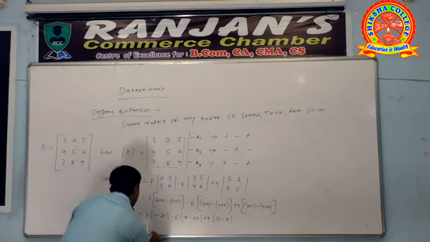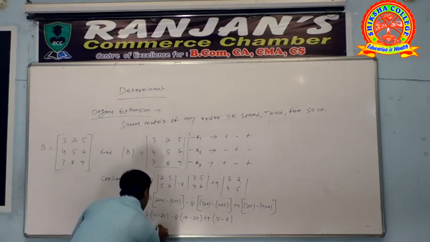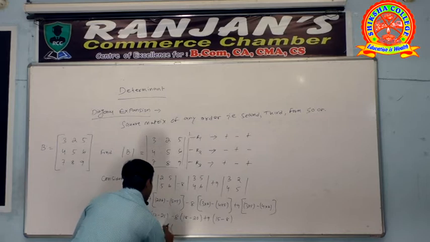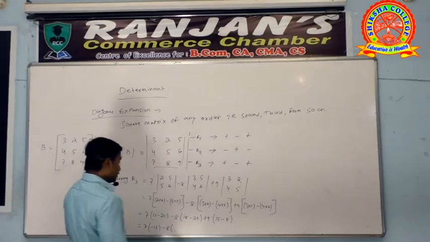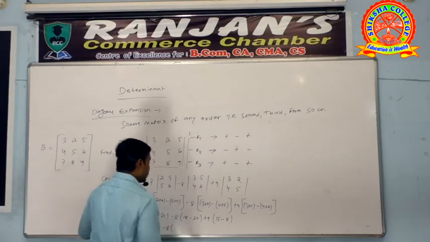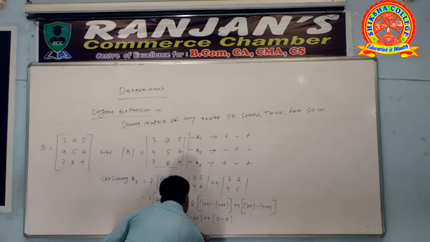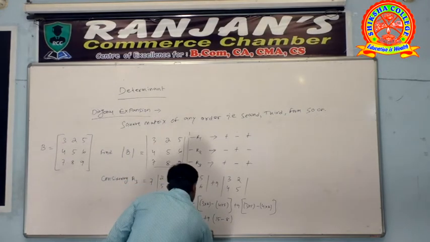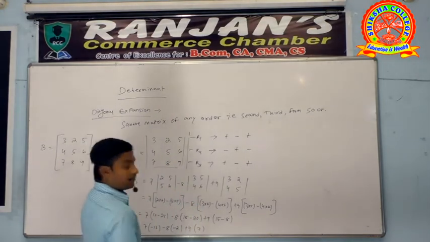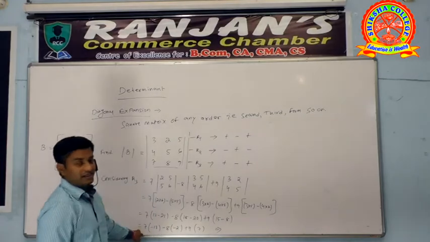Then 7 into 12 minus 25, that is minus 13, minus 8 into 18 minus 20 is equal to minus 2, plus 9 into 15 minus 8, that is 7. Okay. Now the last step, that 7 into minus 13.